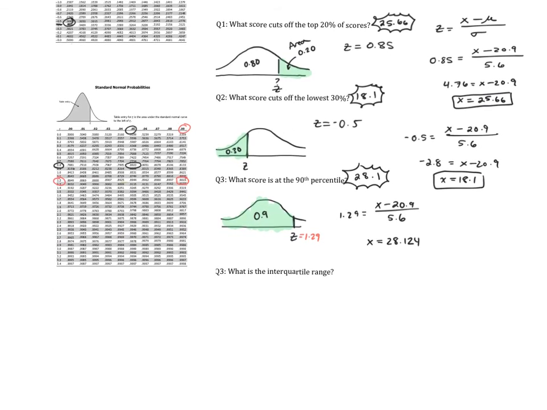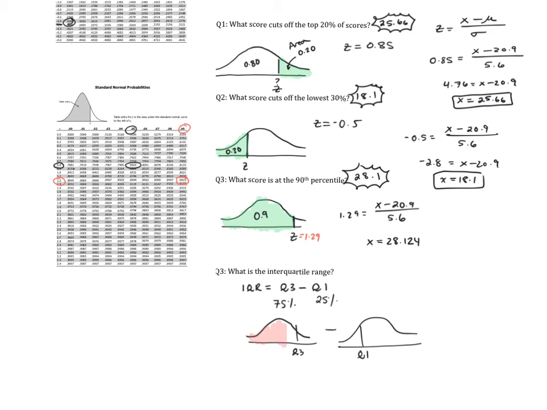The interquartile range. So remember the IQR is Q3 minus Q1. Now remember 75% of the data is less than Q3 and 25% of the data is less than Q1. So you're going to find two numbers here. Q3 minus Q1. And you have to think about these areas.